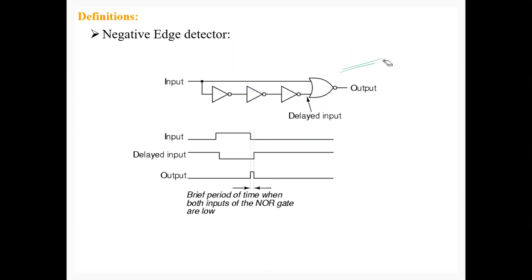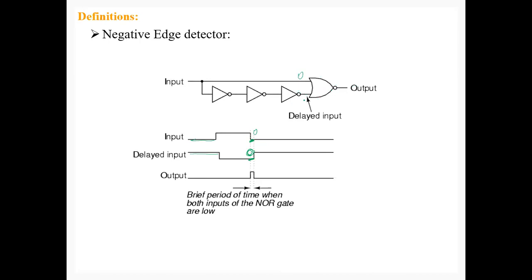Okay, so I'm not going to talk about everything, but let me talk right here in this region. This is where negative edge occurs, right? So again, there is a delayed input. This is input, and this is a delayed input. And at this location right here, what do you have here? 0. What do you have here? 0. So what is the truth table of NOR gate?